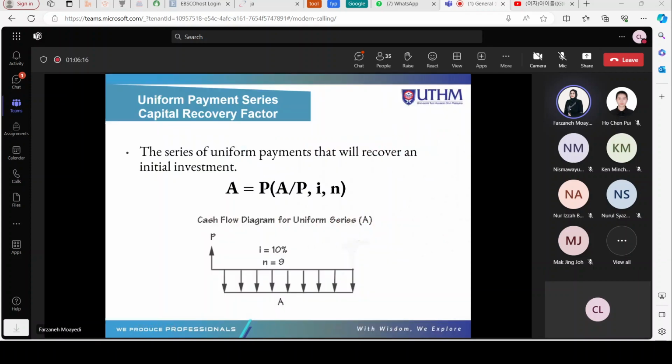Okay, do you have any questions so far? Because these are done for the single payment, and after this I want to start with the uniform series. But I want to make sure that you have already understood this and you know how to use the table. If you have any question, please write it down for me here, because I can read your comments, since sometimes the voice is not very clear.